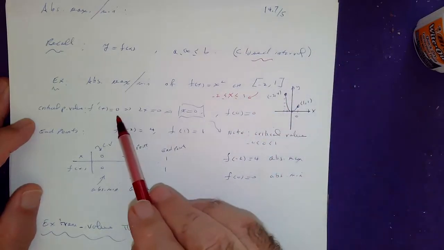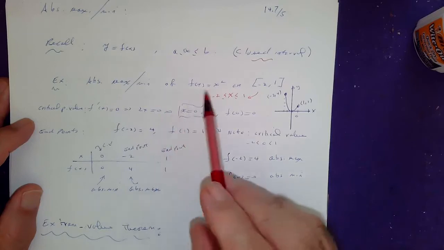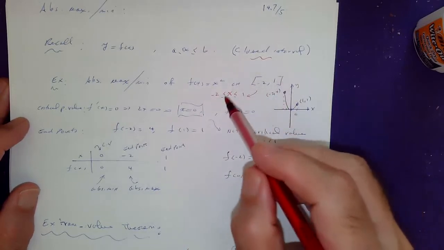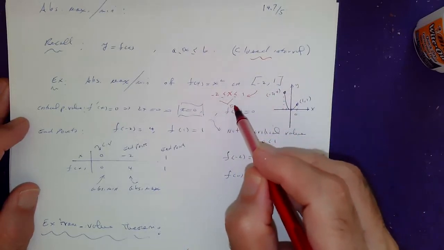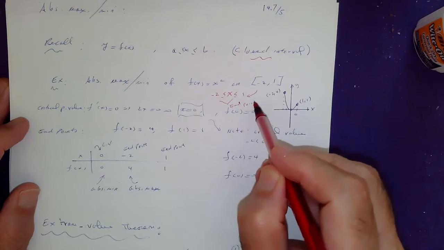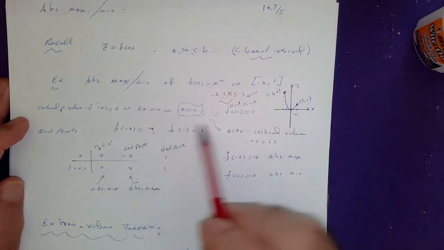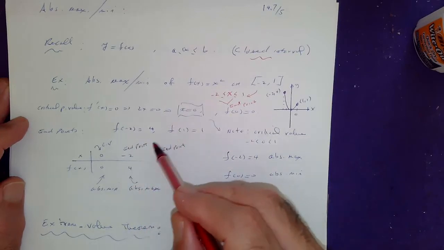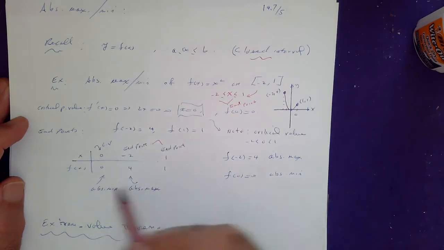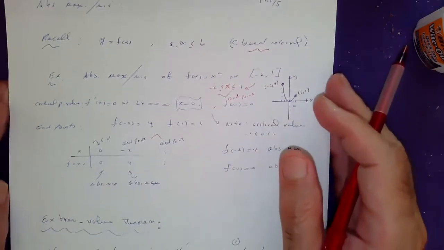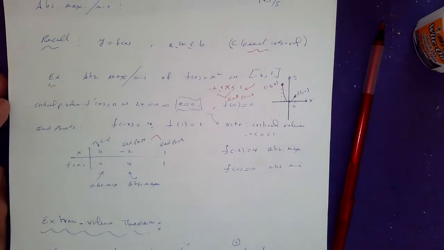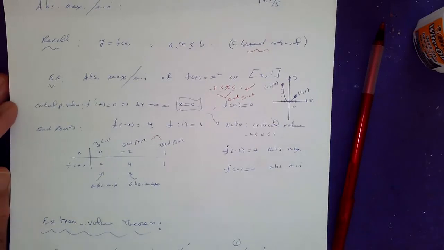So find the critical value by setting the derivative equal to 0, which gives you x equals 0. Then these are called endpoints. Then test drive the function at the endpoints, meaning evaluate the function at the endpoints. Then compare the values and choose the highest as your absolute maximum, choose the lowest as your absolute minimum.